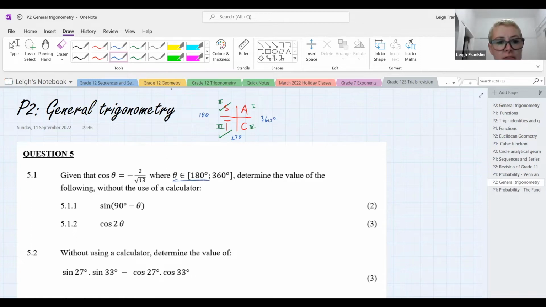So if the angle is between 180 and 360, then it's either in quadrant 3 or in quadrant 4. So the quadrant where we have 2 ticks is quadrant 3, so that's the quadrant that we have to be working in. Does that make sense to everybody? Is that okay, guys?